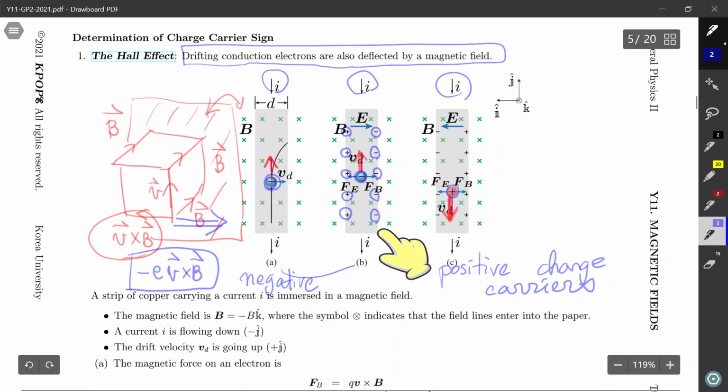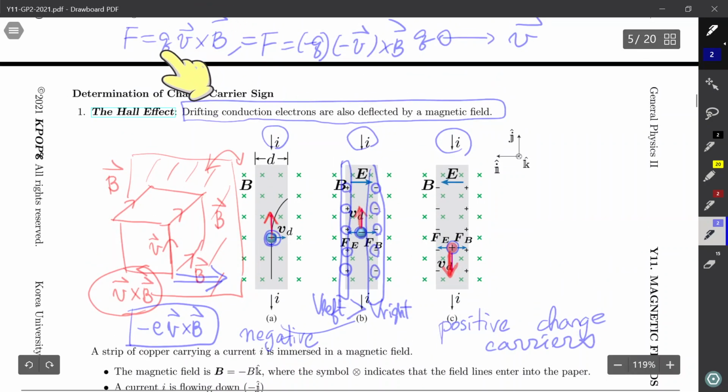The induced electric field is generated because of the accumulation of negative charge on the right and positive charge on the left. So, V left is greater than V right. In case the charge carriers are positive, then, for example, charge Q moving with V has a magnetic force.